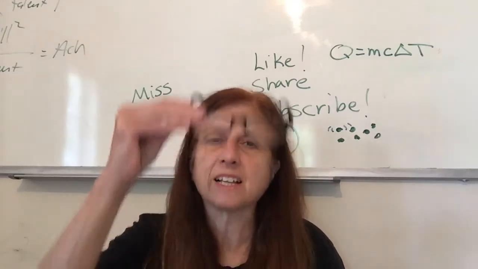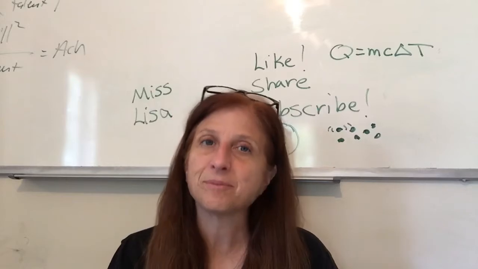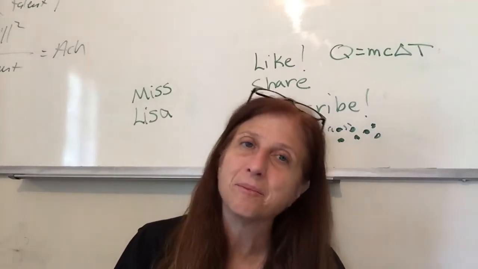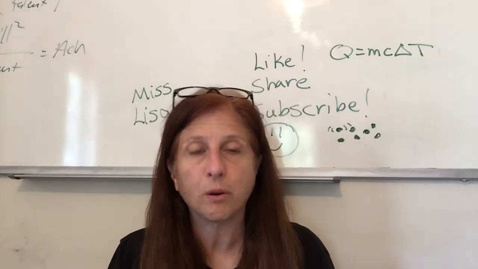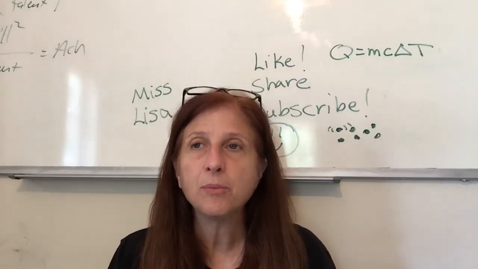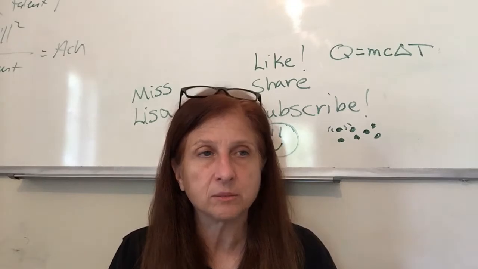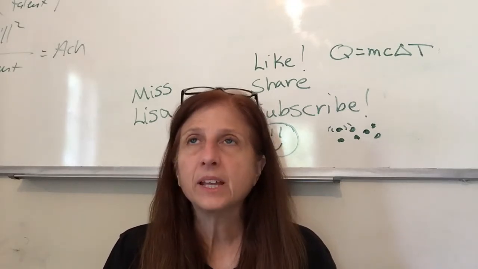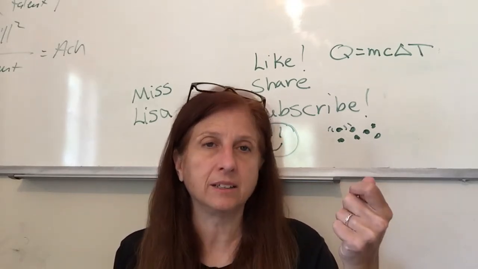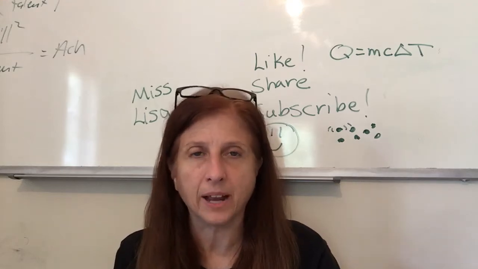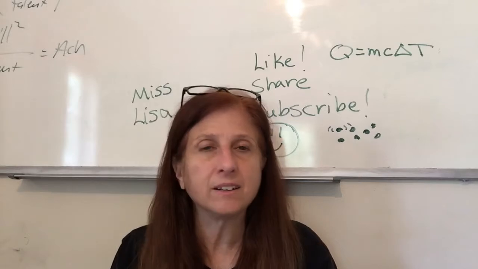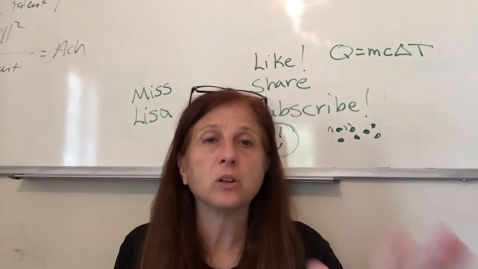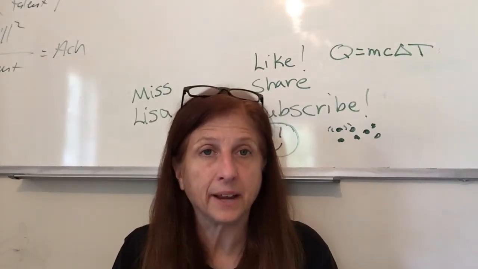Okay, so now the next thing is called specific heat. I know you're like, so many words. You can get them, I promise. So what is specific heat? It is a physical property of the material. Some things hold heat longer than others. For example, if I heated up a pot in my kitchen and then turned it off, I'd go back in not very much time at all and it will have cooled off again because it's made out of metal.